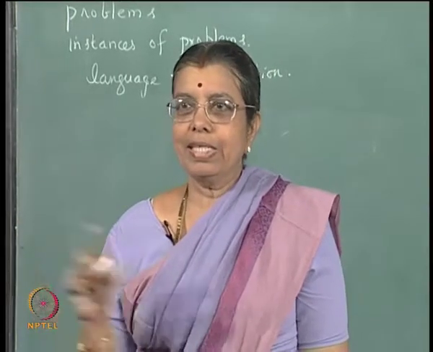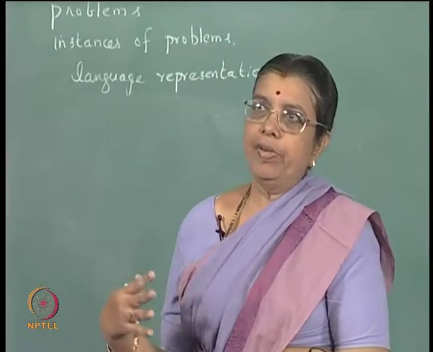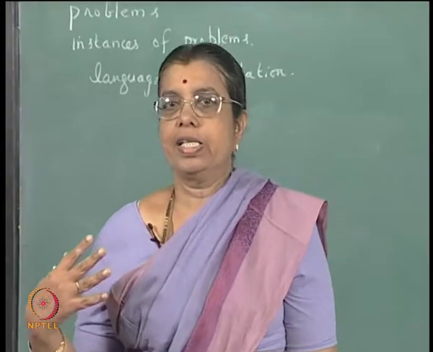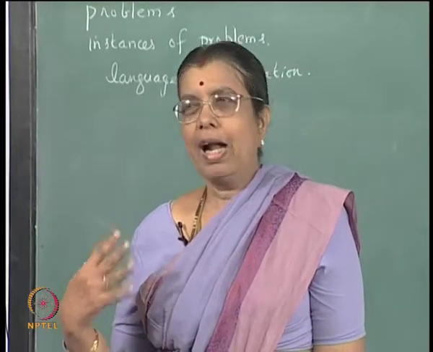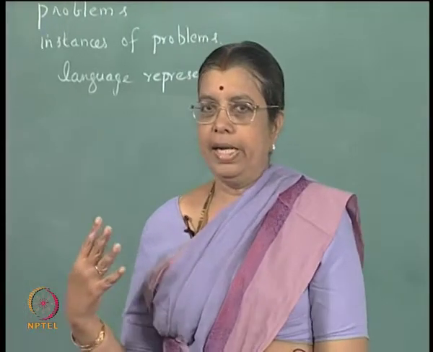So, some expressions like that you can say are valid expressions. Is there a way of finding out whether a first order logic expression is valid or not? A lot of work has gone in that direction.